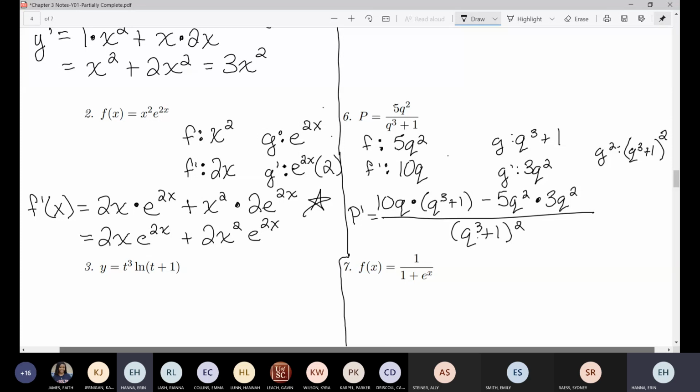For simplifying it, would you just multiply 10q by q cubed? If I were being the lazy self that I am, the main thing I would have done is squish the back thing into a 15q to the 4th. If I was not going to be the lazy person that I am, then yeah, I would push through that 10q and multiply it by the q cubed and plus 1.